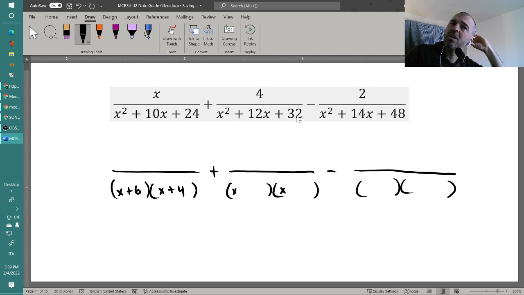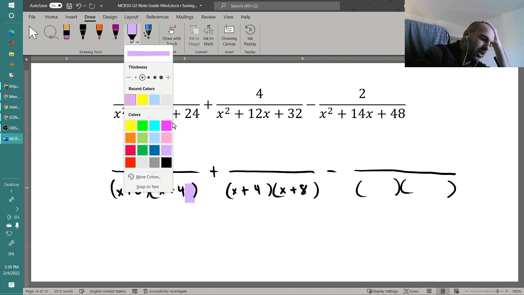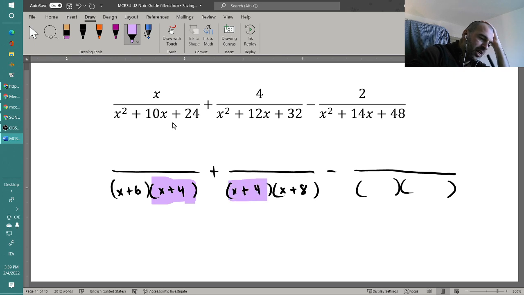Is that right? Which gives me also a 12. Okay, x plus 4 and x plus 8. And look, already we discover that there is a common factor of plus 4, which is going to be beneficial in our final situation.